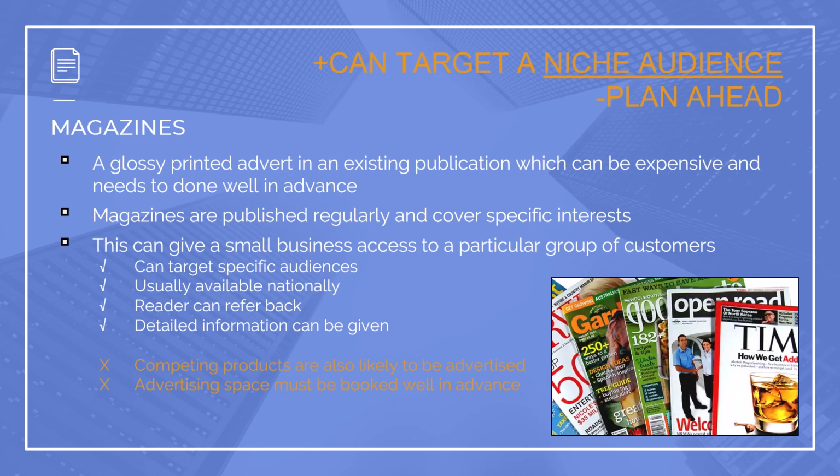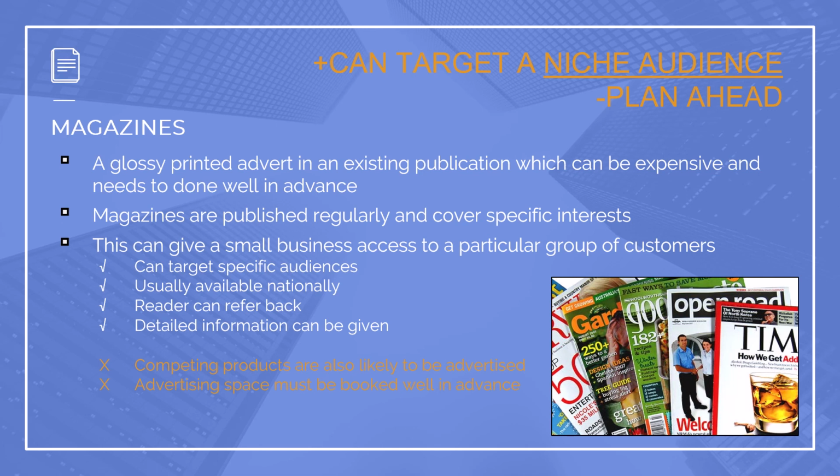So next, we are looking at magazines. Now, magazines are one of my favorites because they can target a very, very specific audience. And we call this a niche audience. You can have a mainstream audience, which is where a large number of people will see it, of all different ages, genders, occupations, interests, and so on.